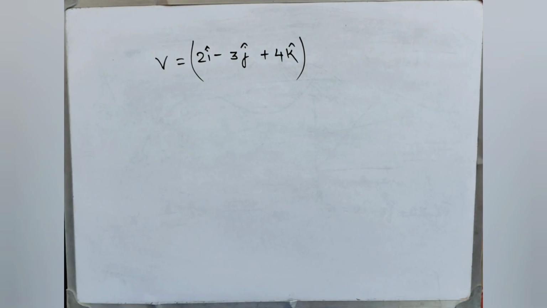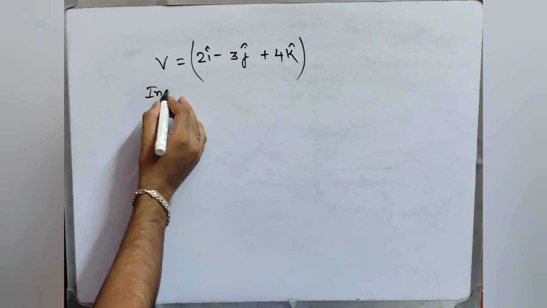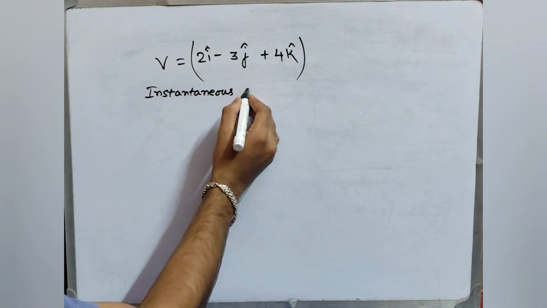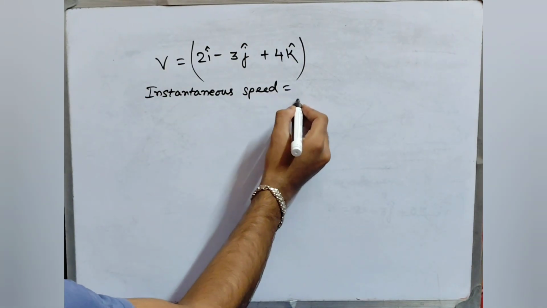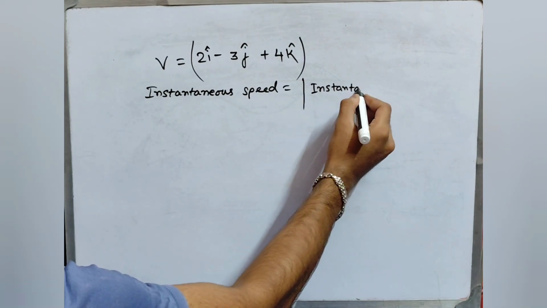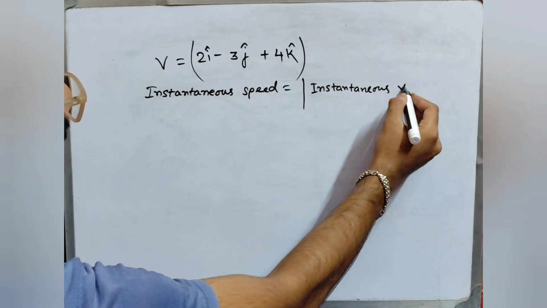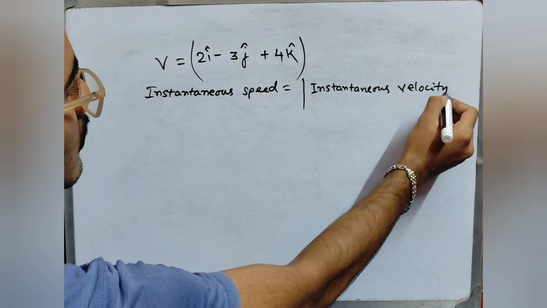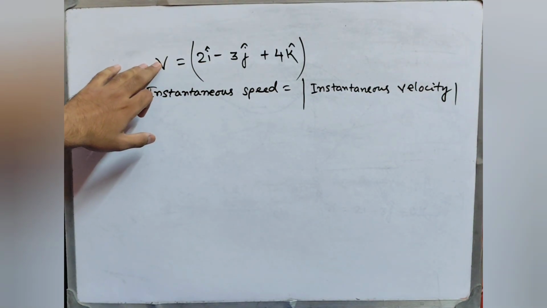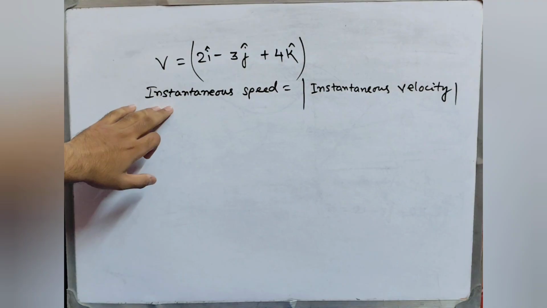So we know that instantaneous speed is equal to the modulus of instantaneous velocity.